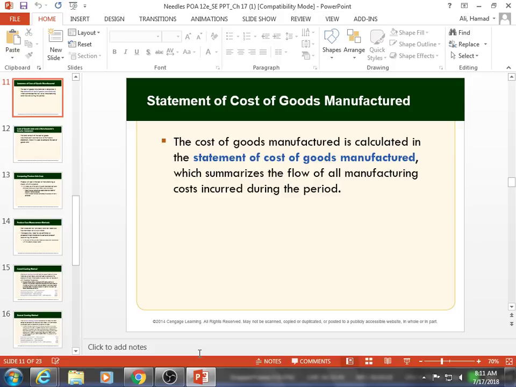What do we call those altogether? Overhead. Don't forget: three manufacturing costs: direct material, direct labor, and overhead. So here, we're going to look at the cost of goods manufactured.